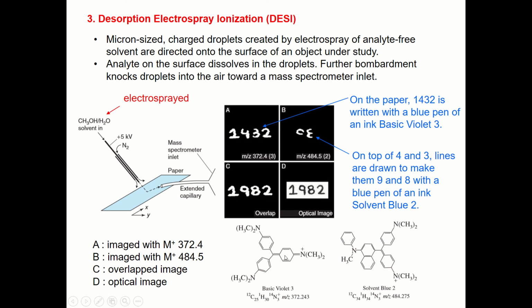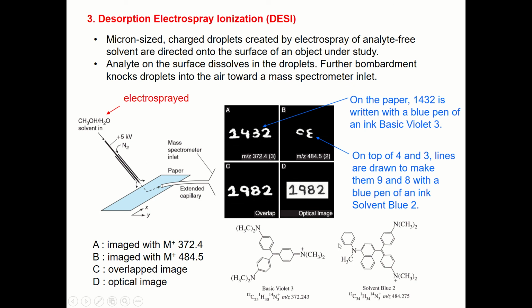So with these two inks, the number actually looks like 1982, you understand? It looks like 1982 with one ink actually, but you used two inks here, this ink and this ink. This is the optical image.